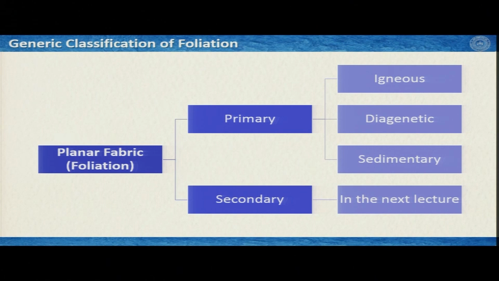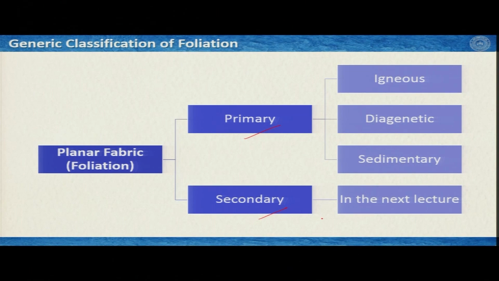So, let us do the classification of foliation, and as I said, we will do a generic classification. On this side we have planar fabric or foliation, and we can classify it in two major classes. One is primary foliation and another is secondary foliation.